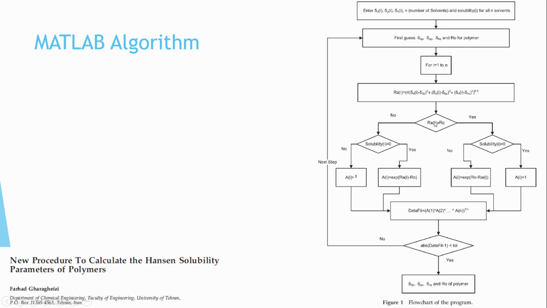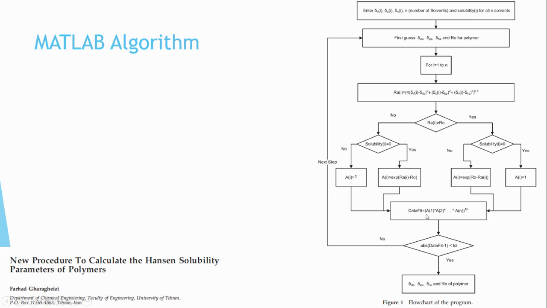Similarly, if the RA is less than 1, or the RED is less than 1, then the solubility should be equal to 1. If the solvent is good and equal to 1, then no penalty is taken. However, if this is not true, then the same penalty is taken as e to the power of the difference between the RA and RO values.